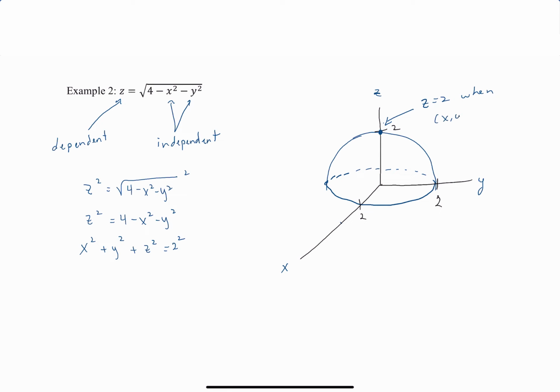I hope that makes sense. And let's notice that our vertical axis is the dependent variable axis, and our two horizontal axes are the independent variable axes.